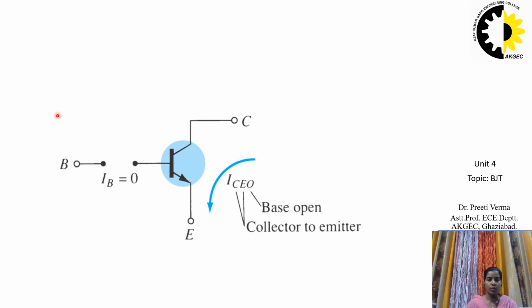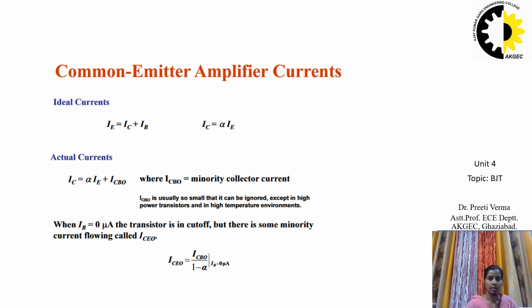The result supports our earlier conclusion that for a transistor in the on or active region, the base to emitter voltage is 0.7 volts. So common emitter amplifier currents can be defined as IE equal to IC plus IB and IC equal to alpha IE.